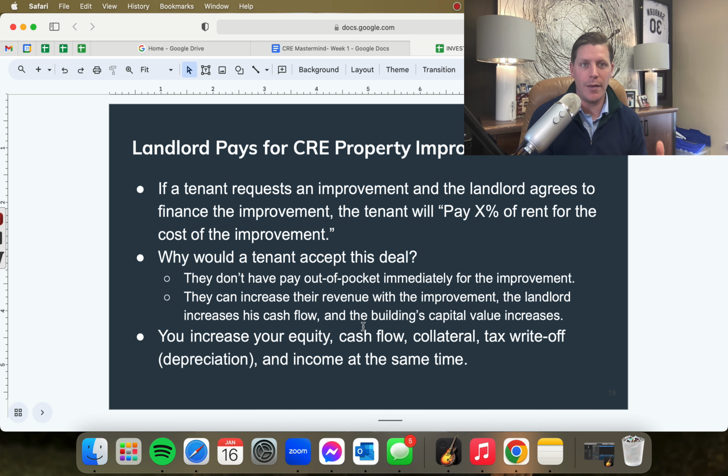The collateral improves because, again, the real estate is better. The tax write-off: I can use depreciation against my new and improved real estate. And all the while, my tenant's more likely to stay because I just spent a bunch of money on that space specifically for their business. So at the end of the day, it ends up being a very beneficial way to create a better relationship with your tenant and increase your cash flow, your equity, and the depreciation deduction on your space.